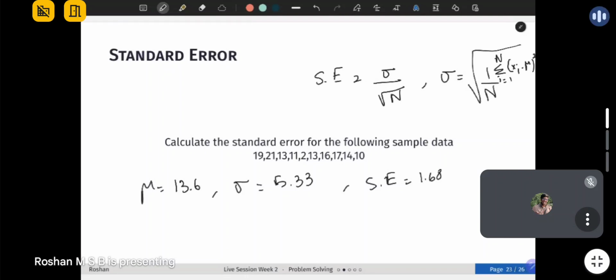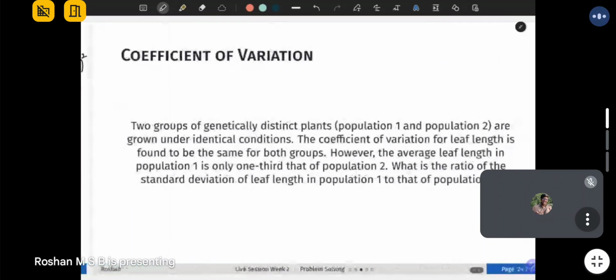So is 1.68 correct? Yes, the sigma is 5.33 and standard error is 1.68. Correct. Okay. Good. The next question.